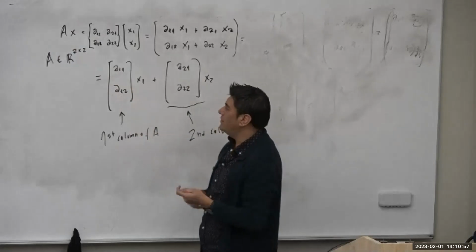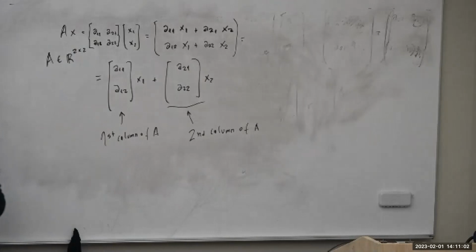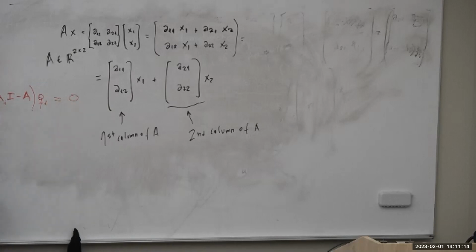Now let's go back to what I said before, that we have a very particular situation in which we have lambda I minus A, for an eigenvalue lambda I, multiplied by Qi and equal to 0. Qi cannot be 0 because this is a specific direction in the space. So the only way that this is equal to 0 is if the columns of this matrix are linearly dependent. Yeah?